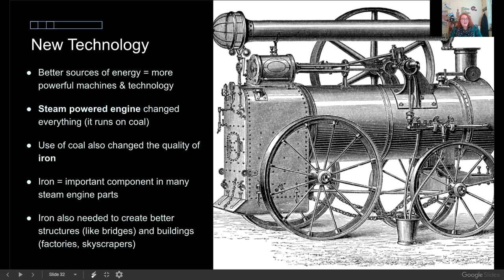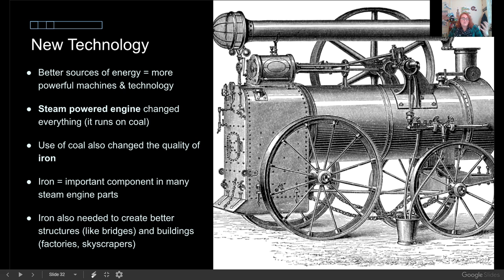Iron became an instrumental part because they figured out how to use coal to make iron and steel better. Iron became a necessity to create better structures like bridges and buildings. Your school building is made of concrete and iron.